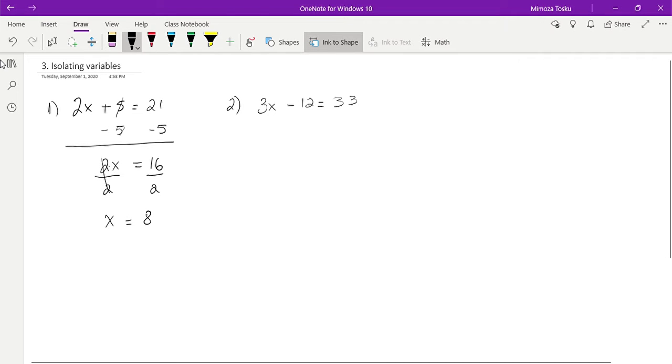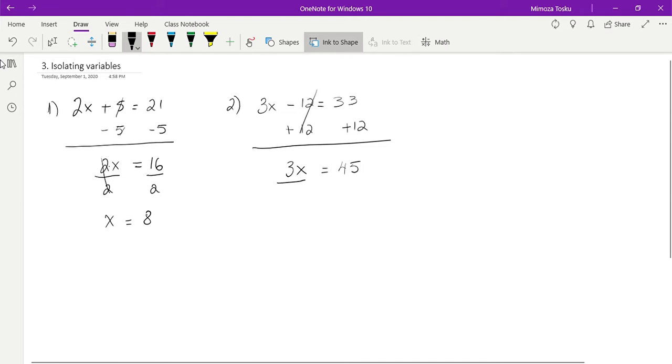Then again we are trying to isolate for x, or solve for x, and in order to do so, first we'll start with adding or subtracting, canceling it out, and in this case it is subtracting. In order to cancel the subtracting, we will add 12 to both sides, so the 12 is cancelled, and then 3x will be equal to 45.